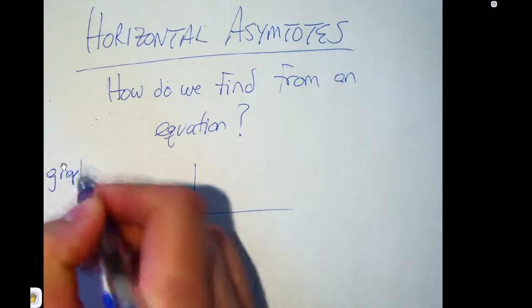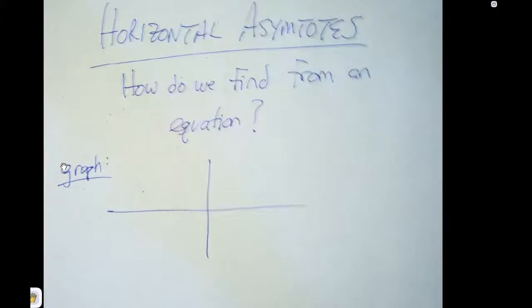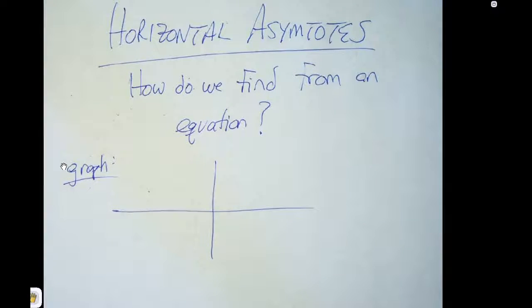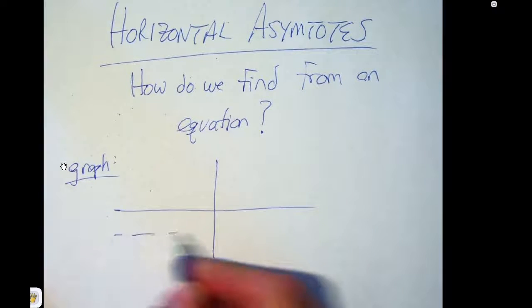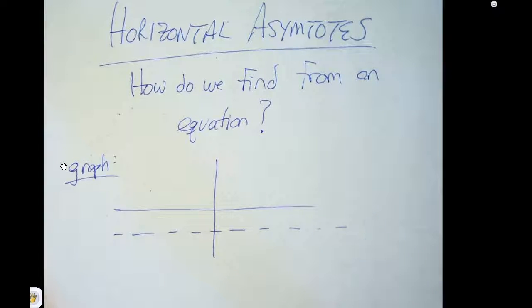We're going to back up a little bit. Sorry, Stephen. If I have a graph, where do I look for horizontal asymptotes? At the ends, right? And you're like, I'm looking across, but I'm looking at the ends. So if this is a horizontal asymptote, could I cross that horizontal asymptote in here? I can, right?